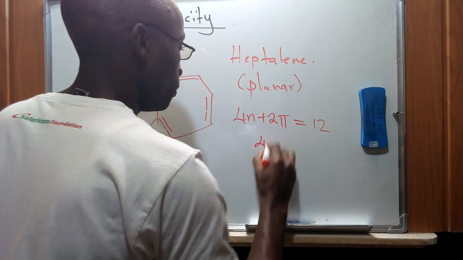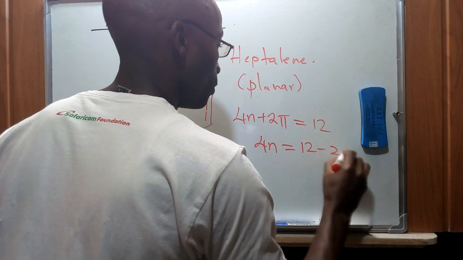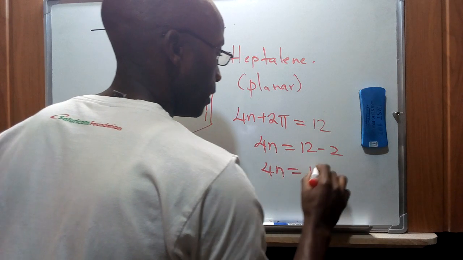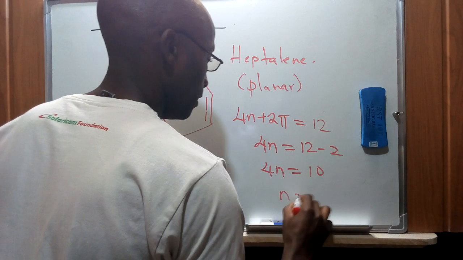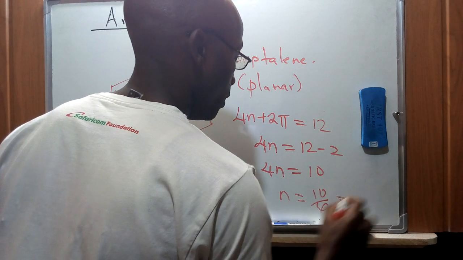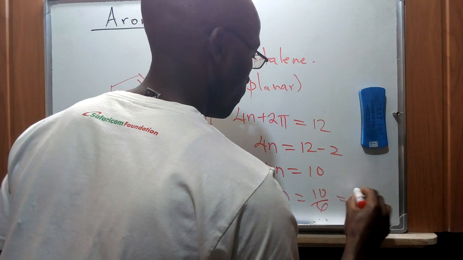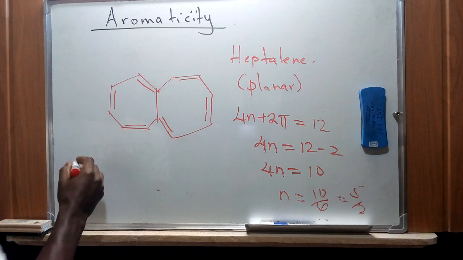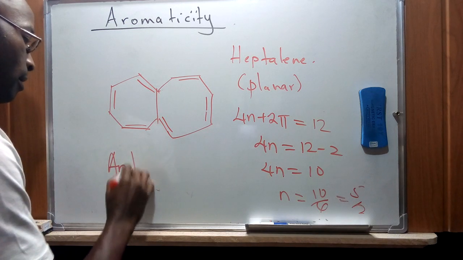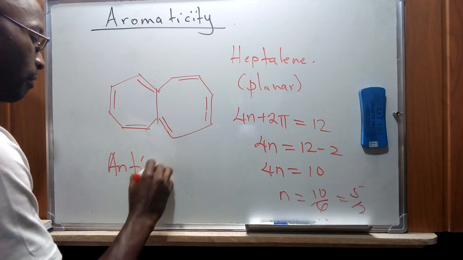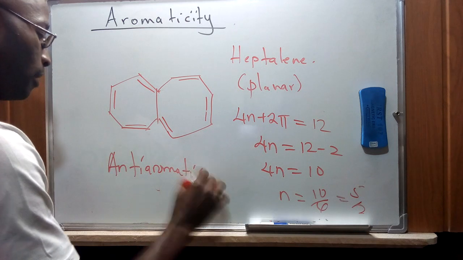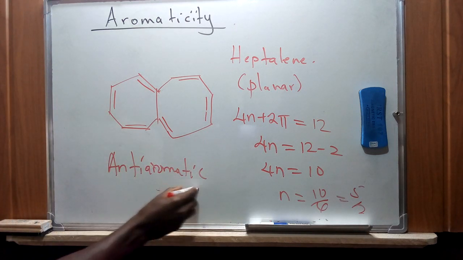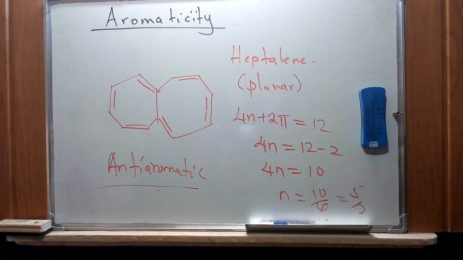So when we solve for n, 12 minus 2, 4n equals 10. So n equals 10 over 4, which is of course a fraction, 5 over 2. Therefore, this one does not obey the rules that we have mentioned. Therefore, this compound can be regarded as anti-aromatic.